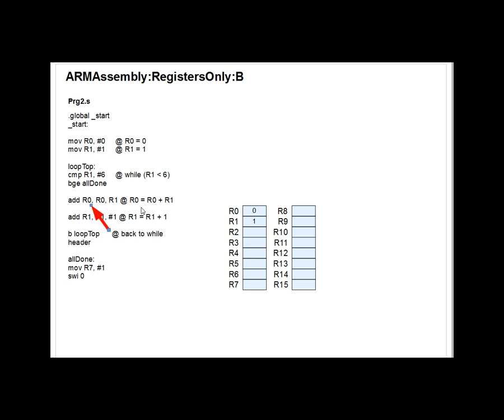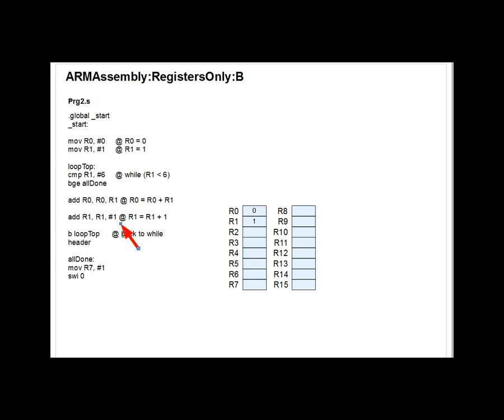Now, like move, they're limited in their operands. The target and the first of the two right-hand operands must be registers. The final operand may be either a register or a constant, or several other possibilities that we'll look at later. Clearly, we're using a constant in the second one, which increases R1 by 1.